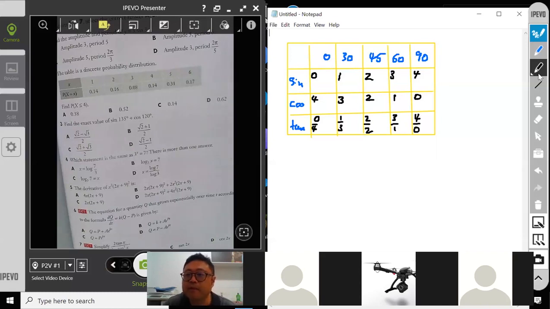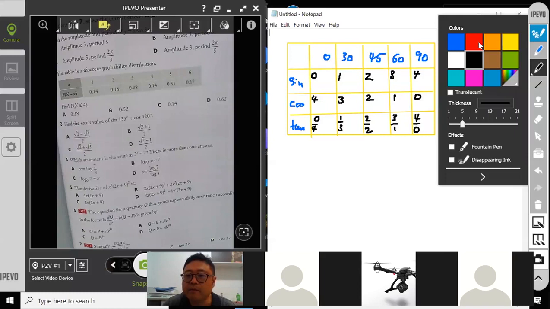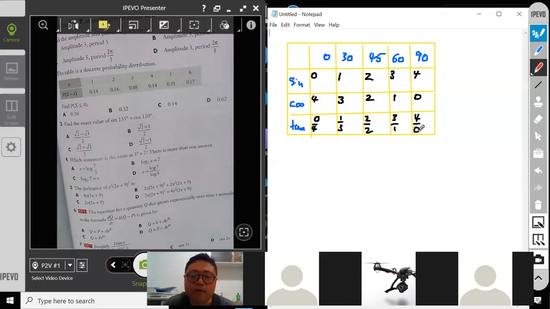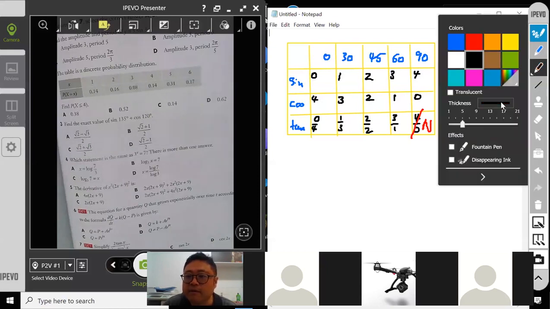Yeah, because tan is the gradient, sine over cos. And 4 over 0 doesn't work. You can't have anything over 0, so that's undefined. N for undefined. Then keep going, Jackson.